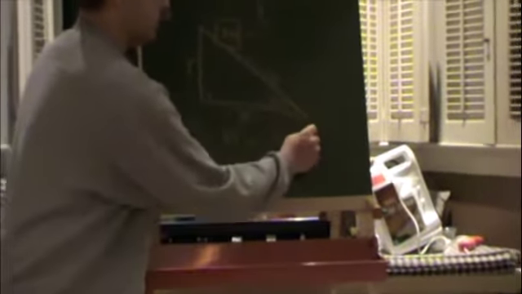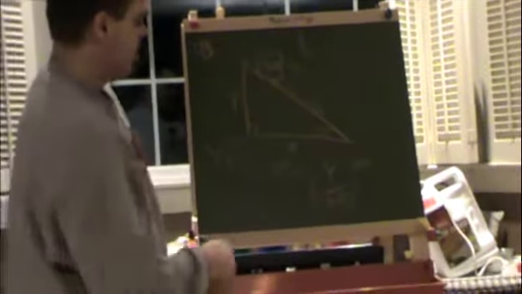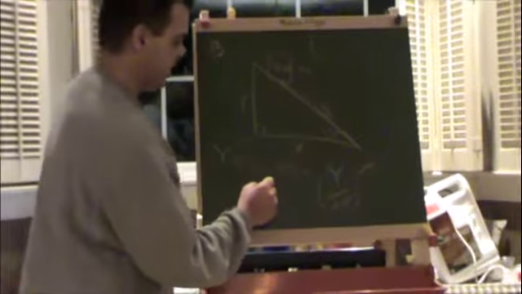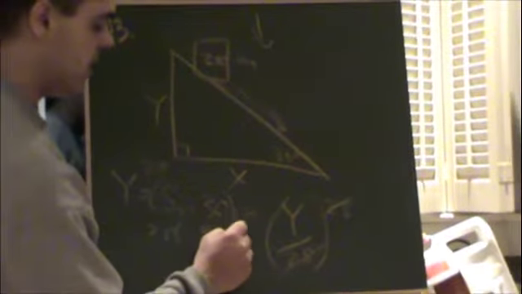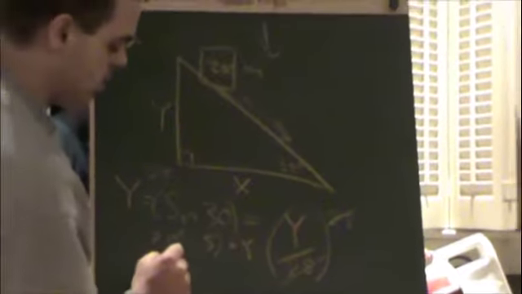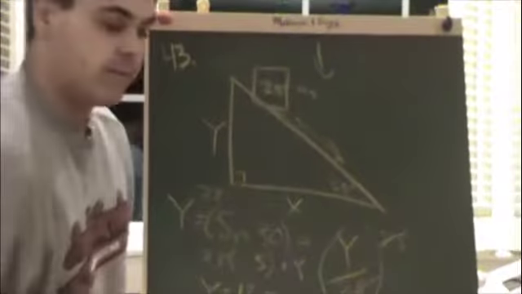To solve this, we're going to multiply both sides by 25. These will cancel out. The sine of 30 is a half, it's 0.5. So 25 times a half equals y, or y is equivalent to 12 and a half.